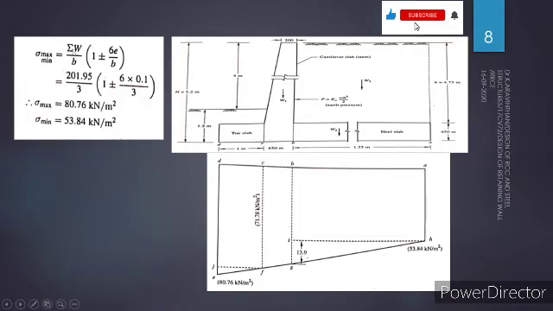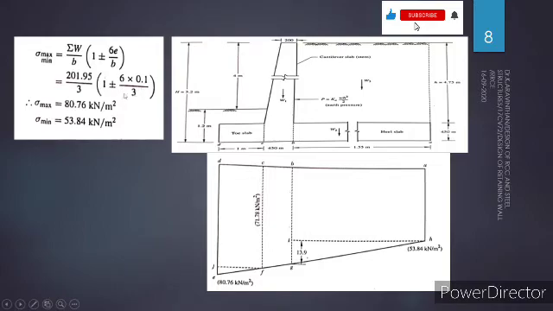So let us use this formula, sum of W by B into 1 plus or minus 6E by B, where W here is the total load which is acting, which we already found as 201.95, divided by base. Base is 3, hence 1 plus 6E, where E, the eccentricity, is 0.1, divided by base, which is 3.